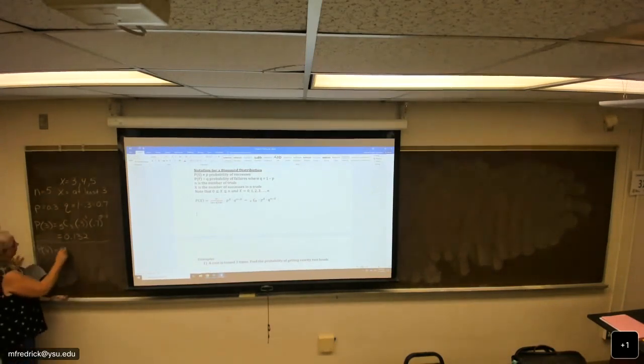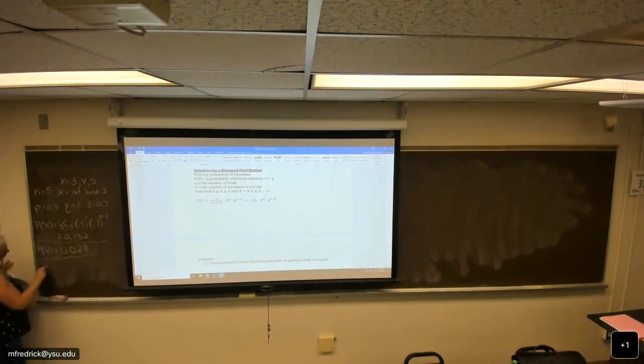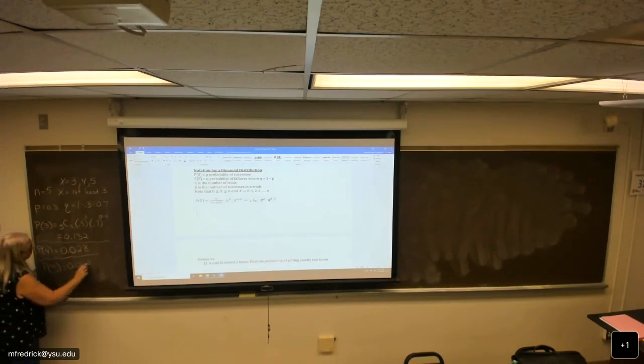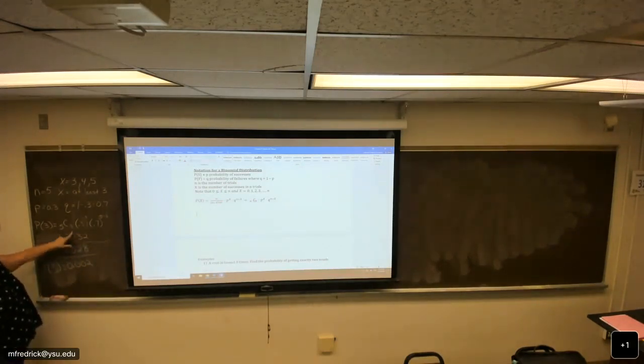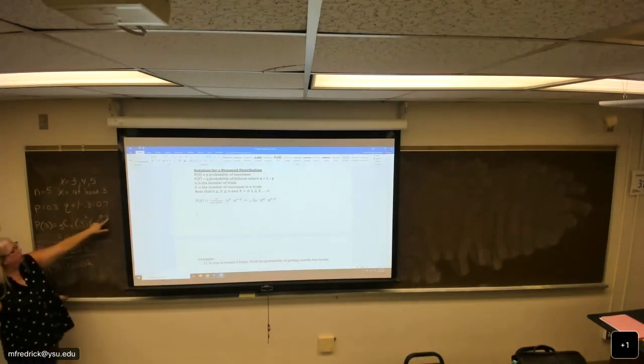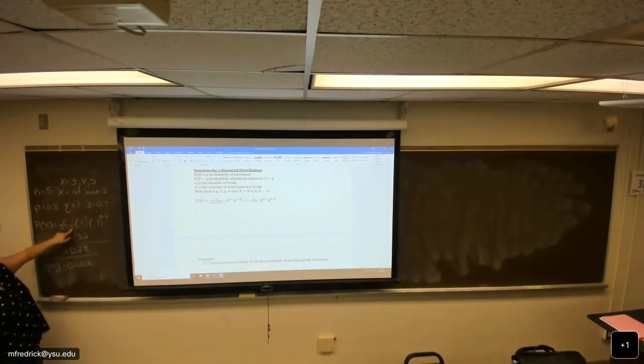For 4. Plug it in your calculator, make sure you're getting it. For this one, you should get this. Then you just change your 3 to a 4. And then you change your 4 to a 5. Is it always 5?